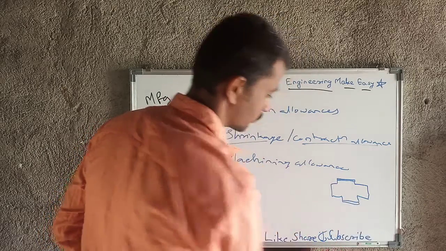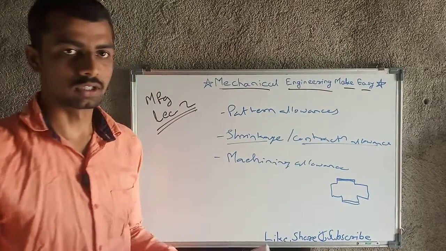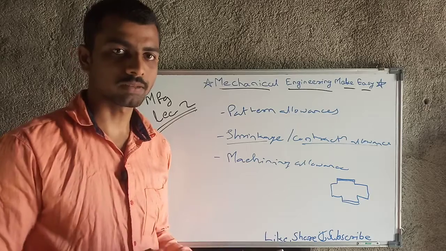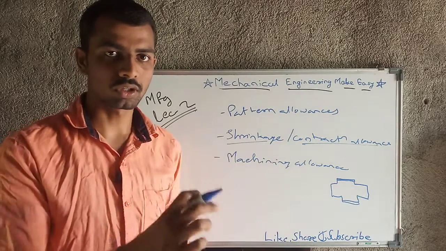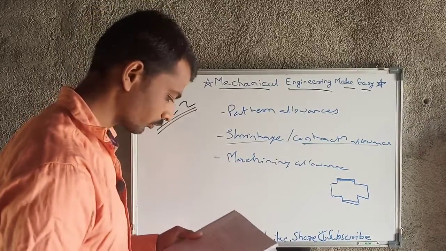Machining allowance means some extra material we put there, so that while machining we remove that material and the final dimensions become very accurate. That is the machining allowance.